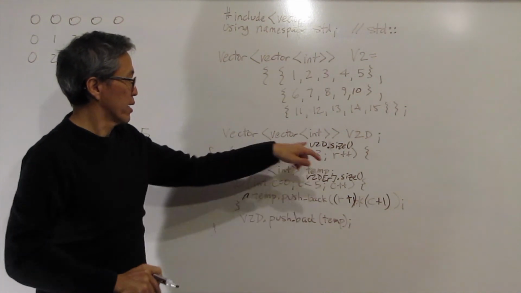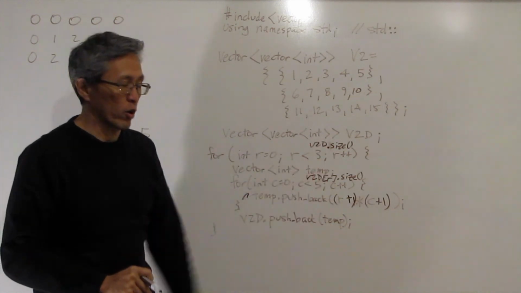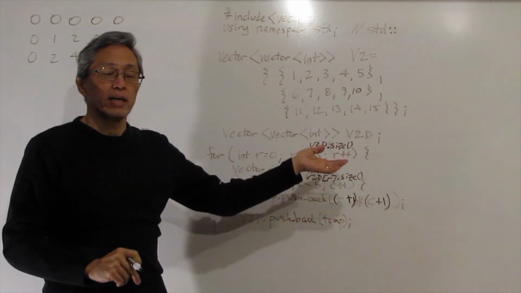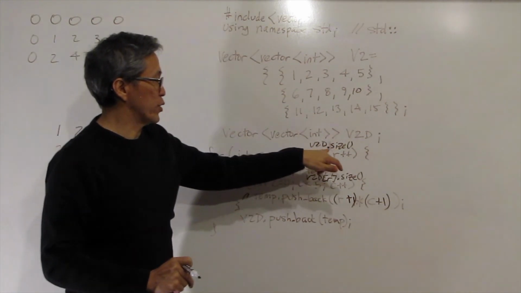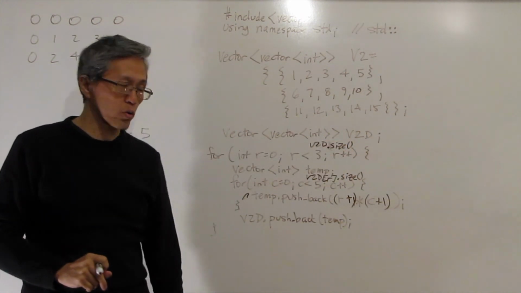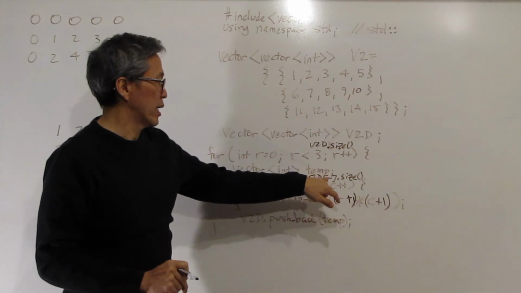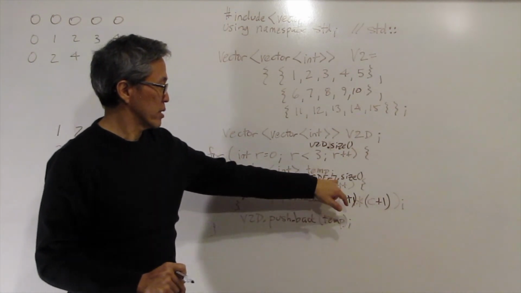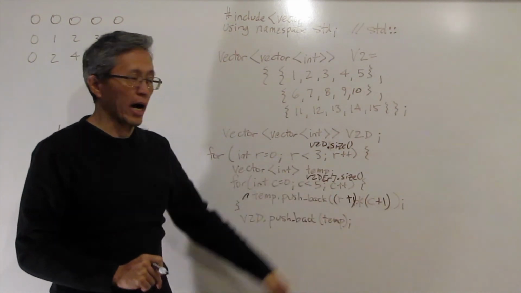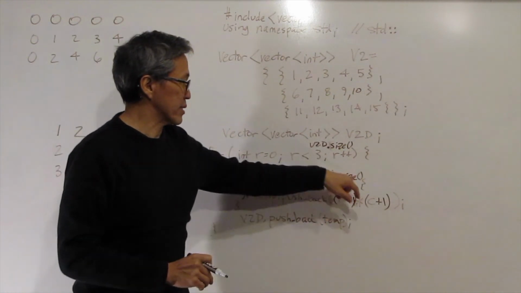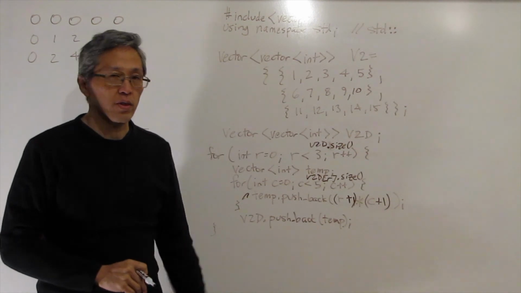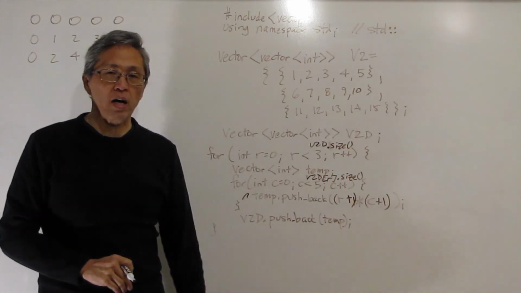So again, if I'm going to output, or I'm going to do something once the vector is created, then I want to do v2d.size. That tells me the number of rows, and then I do v2d sub r dot size, or you could do the dot at with the parentheses and the r inside there, dot size, and that would give you the number of columns.